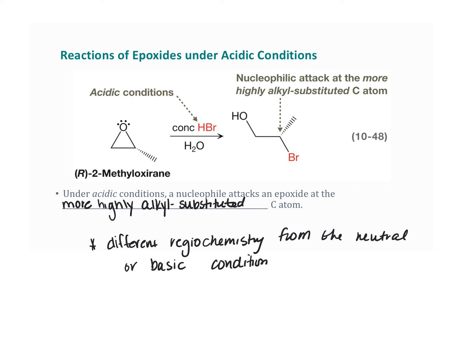So when you change conditions and you have a different product formed, we say that's regiochemistry. So under acidic conditions, the nucleophile attacks the epoxide at the more highly substituted carbon. Okay, so let's look at that mechanism.